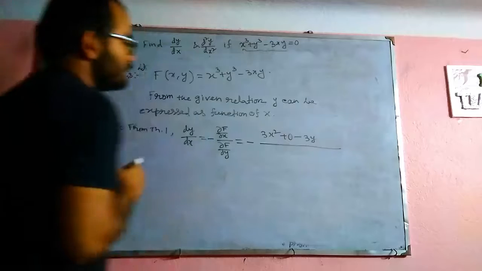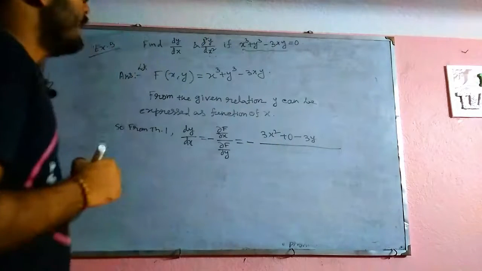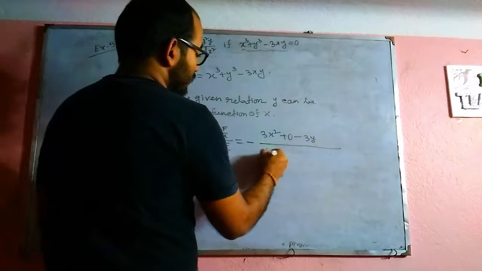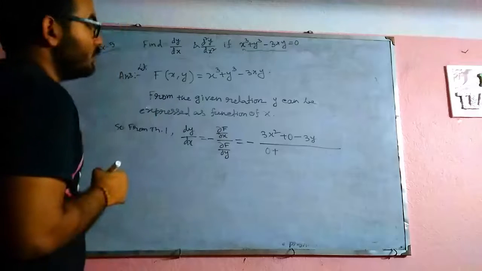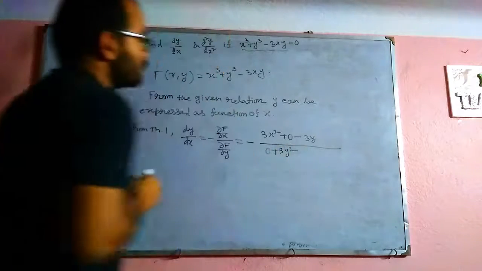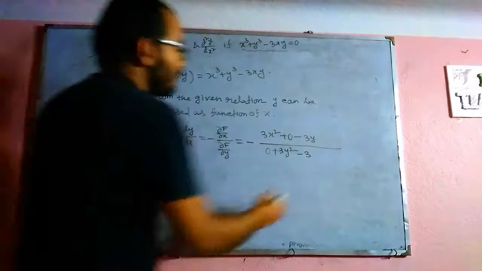Del f/del y is, we have to treat x as a constant. So here we write 0 and 3y square minus 3x.